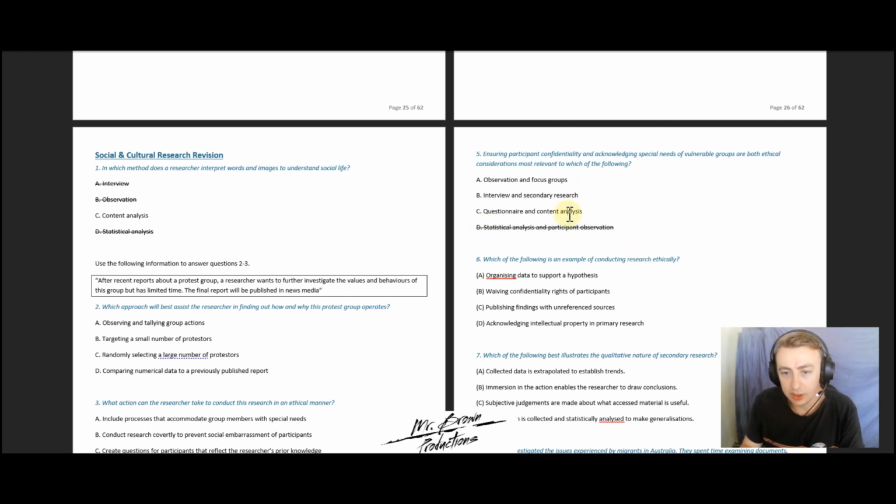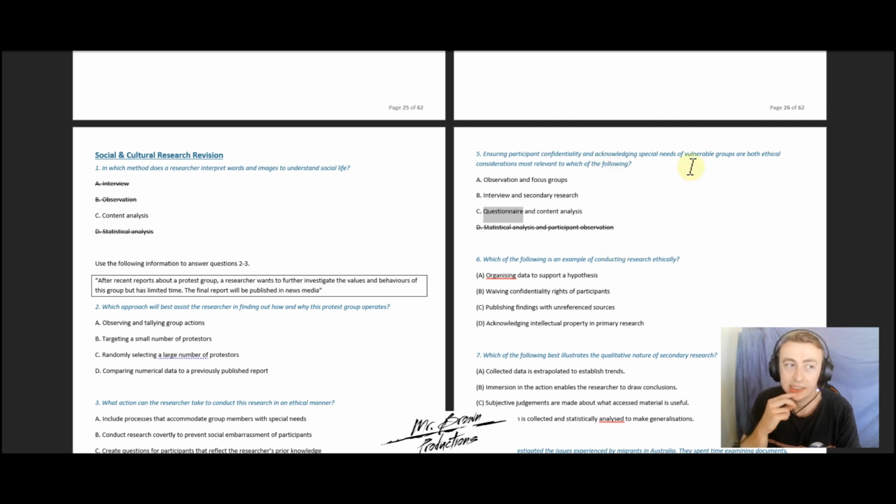The second last one, C, questionnaire and content analysis. Do I need to ensure participant confidentiality and acknowledge the needs of special groups here? With a questionnaire, yes, I need participant confidentiality, and yes, I've got to acknowledge special needs of vulnerable groups.